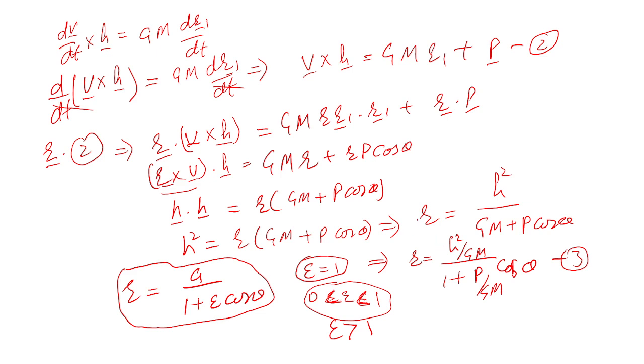So I am writing this result again. So the solution of the given equation is R equal to h square over GM divided by 1 plus P over GM cos theta.